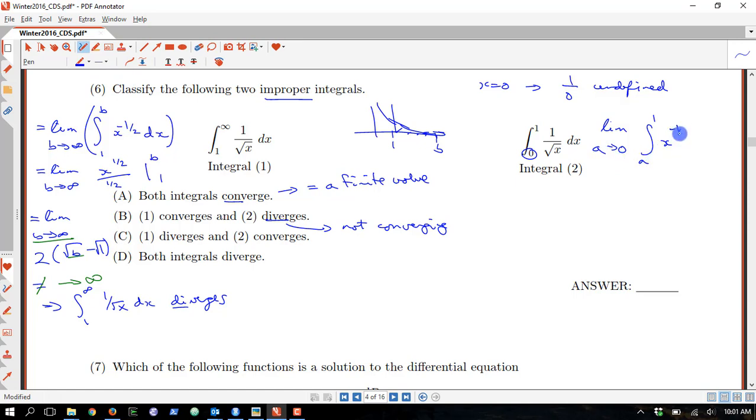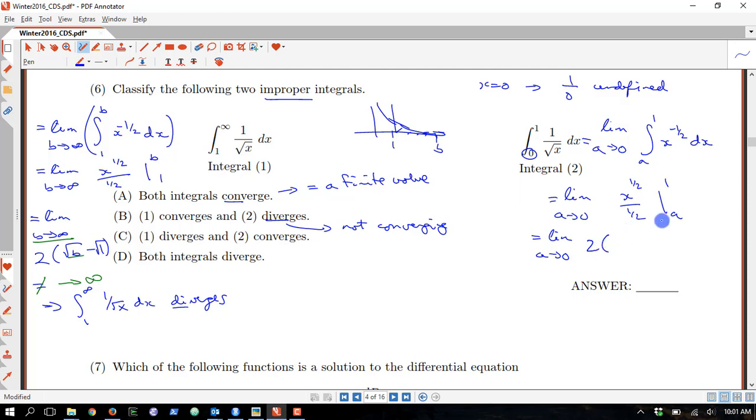Notice the integration step is going to be exactly the same because 1 over root x is x to the negative 1/2. That's the same as we did before. So we can be a little more efficient here. Integral will be x to the positive 1/2 divided by 1/2 between 1 and a.